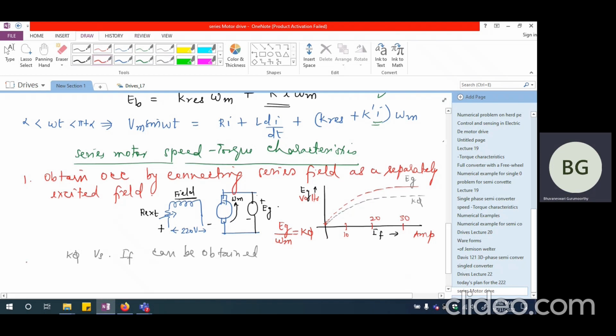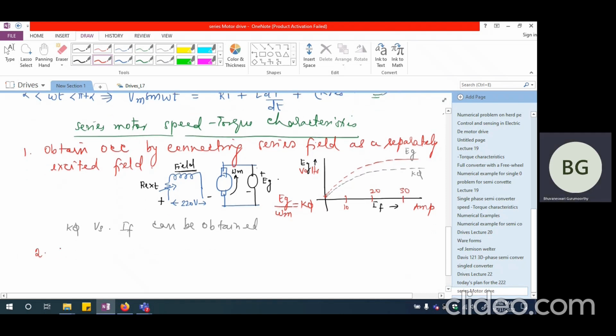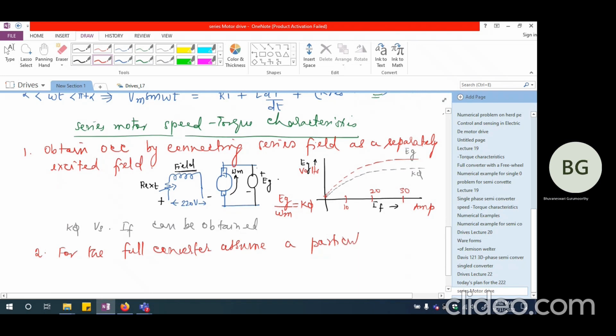So once you get that, then what you would do is, for the full converter, assume a particular alpha value.